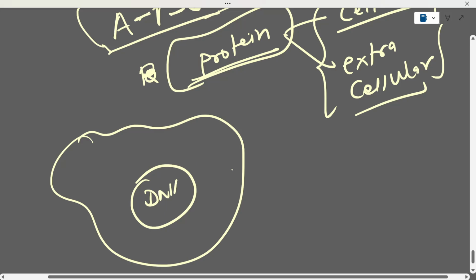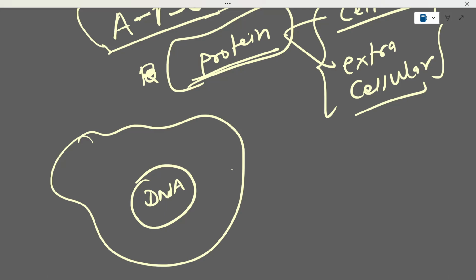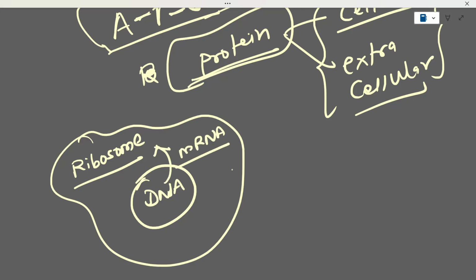Because DNA is contained in the nucleus, and the protein making body is outside the cell nucleus. So the mechanism by which DNA synthesizes protein is via mRNA.